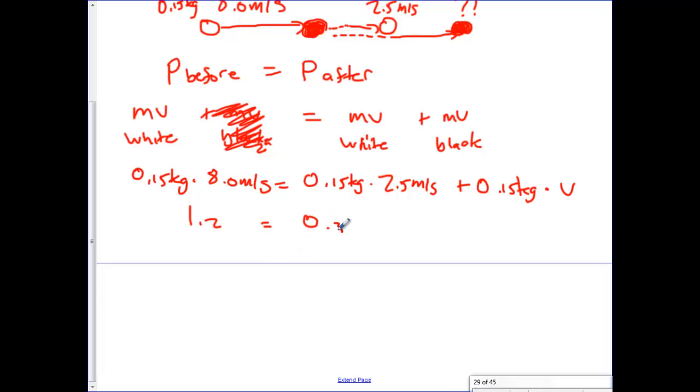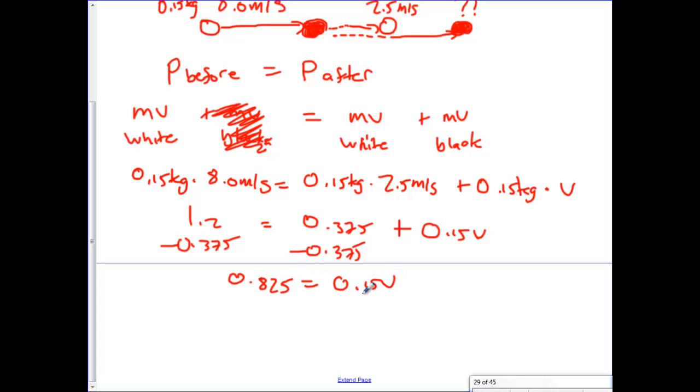This would have been 0.375, and then 0.15 V. So just make sure I show all my steps. 1.2 minus 0.375. That's 0.825 equals 0.15 V. So I got 5.5.